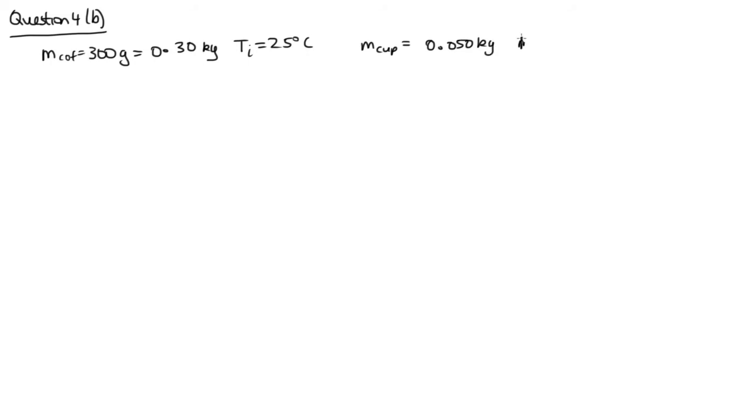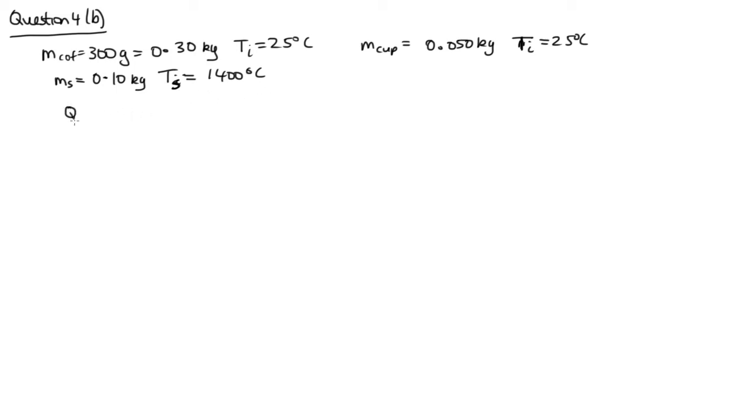And that also has an initial temperature of 25 degrees C because it's at thermal equilibrium with the coffee. And we put a sphere of steel into it, and the mass of the sphere is 0.10 kilograms. And the initial temperature of that sphere, so let's call that TS, is equal to 1,400 degrees C. And we're asked what's the final temperature after they've all reached thermal equilibrium.